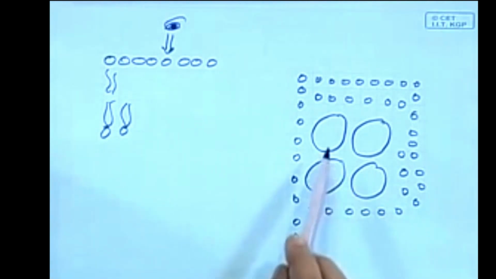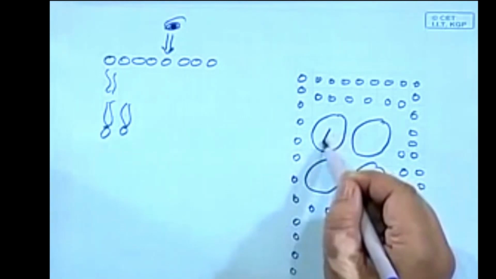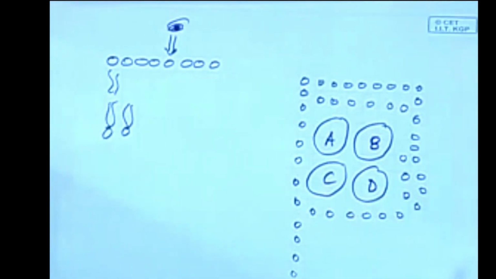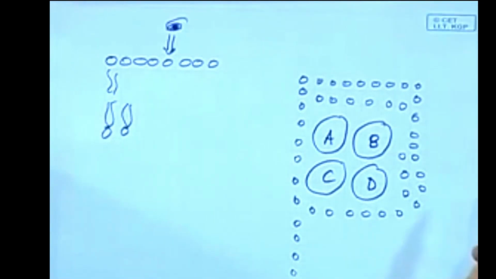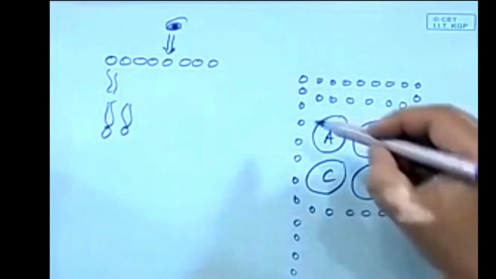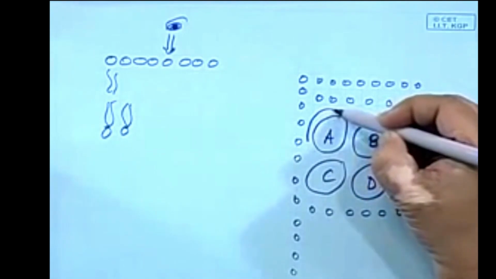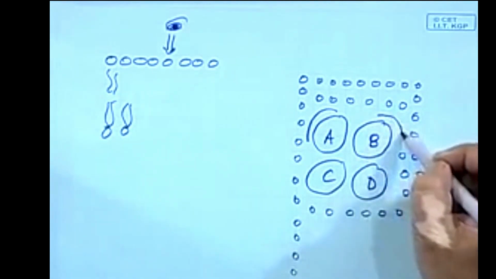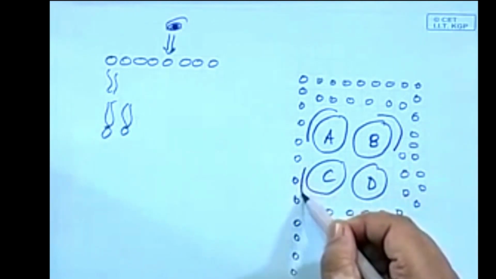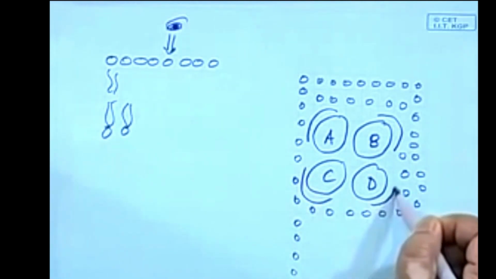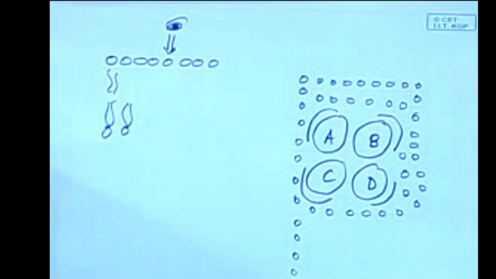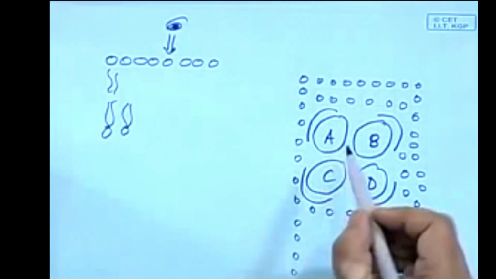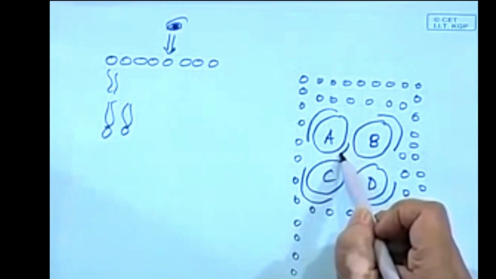If I construct a helical wheel for A, B, C and D, my helical wheel is going to be such that this part is going to be hydrophobic. Why? Because it is interacting with the hydrophobic tails of the lipids that are down there. What about this region? The inside region?